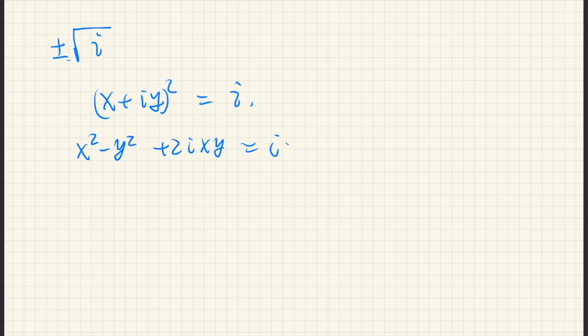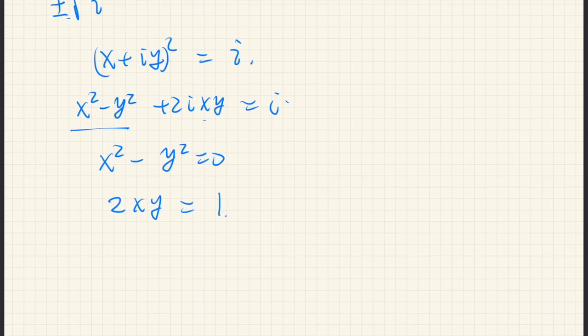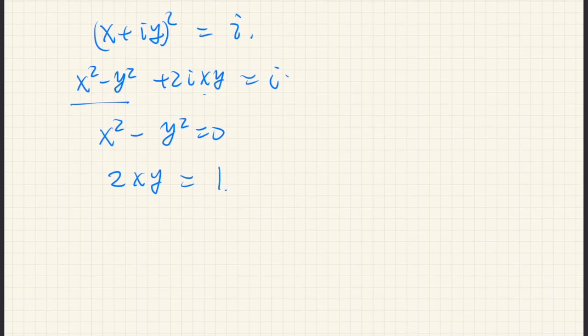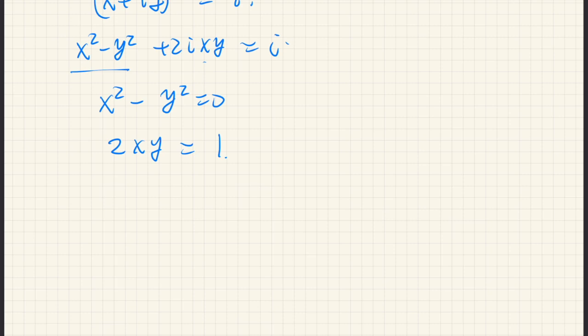The real part is 0, and the imaginary part, 2xy, is equal to 1. Okay. So let's see. From this one we have x is equal to plus minus y.